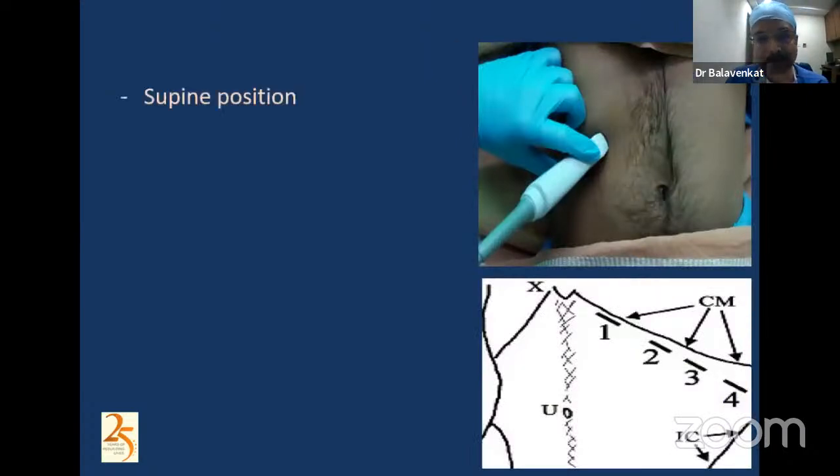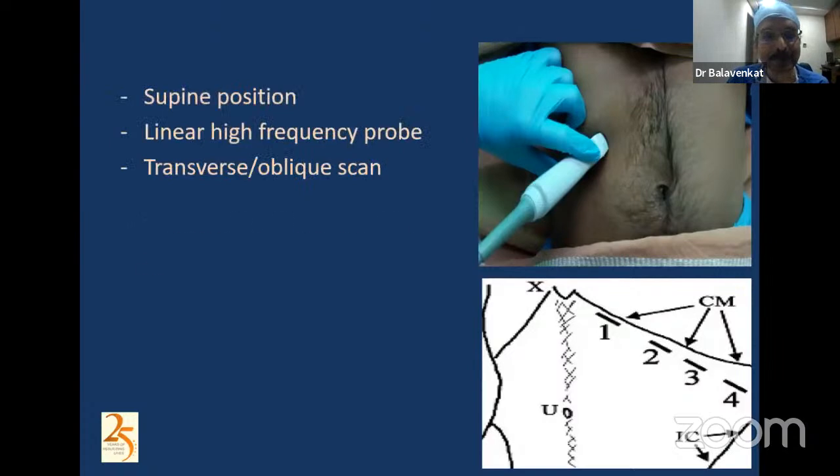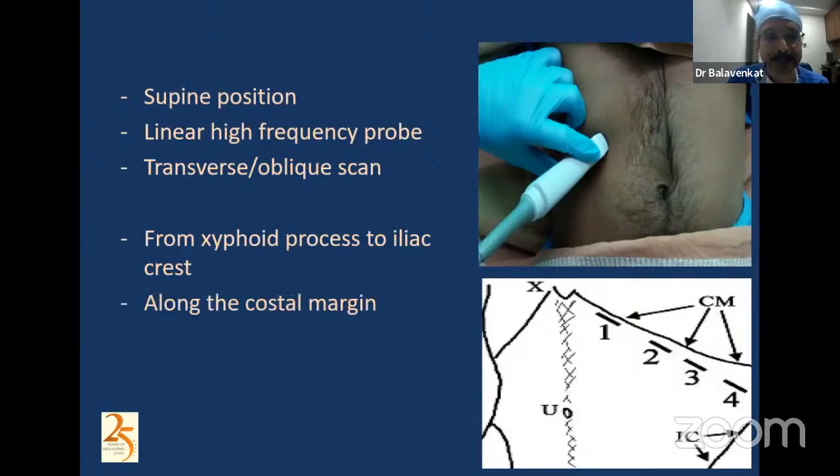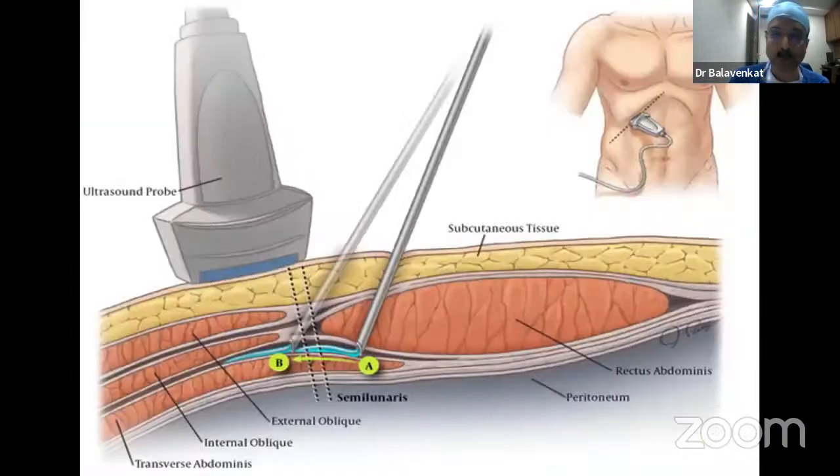So the way you keep the probe, supine, linear high frequency probe. So you would deposit the drug. So that's the rectus. And in two places you can do subcostal TAP. Either you place between the internal oblique and transversus abdominis, or between the rectus abdominis and the transversus abdominis.